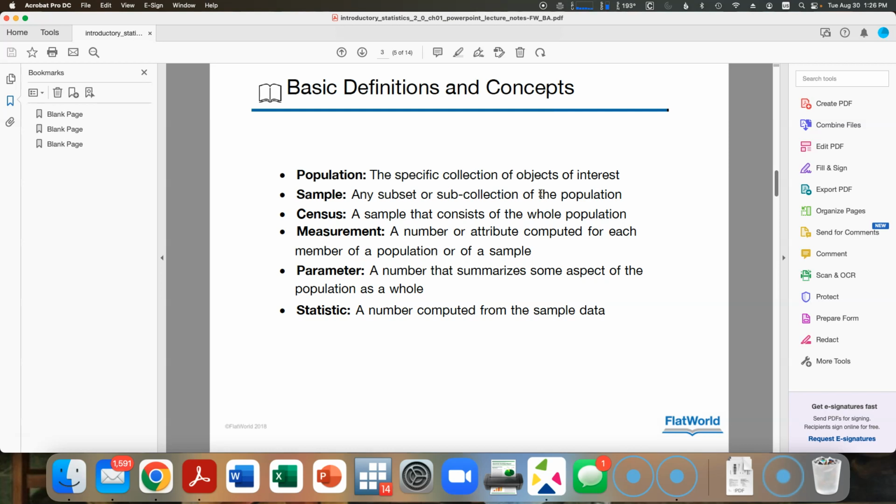We could look at cars made in the United States and used in the United States versus cars made overseas but used in the United States. Cars made in the last 10 years, cars made in the last 5 years, cars that are red, any number of ways that we could take into account a subset of the total population.